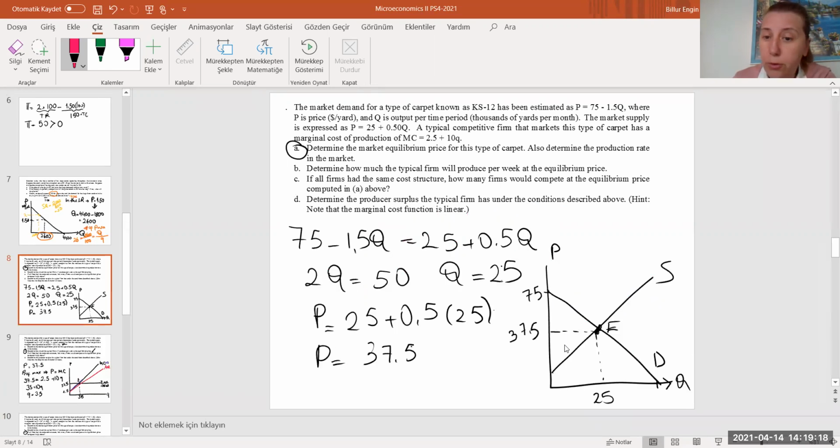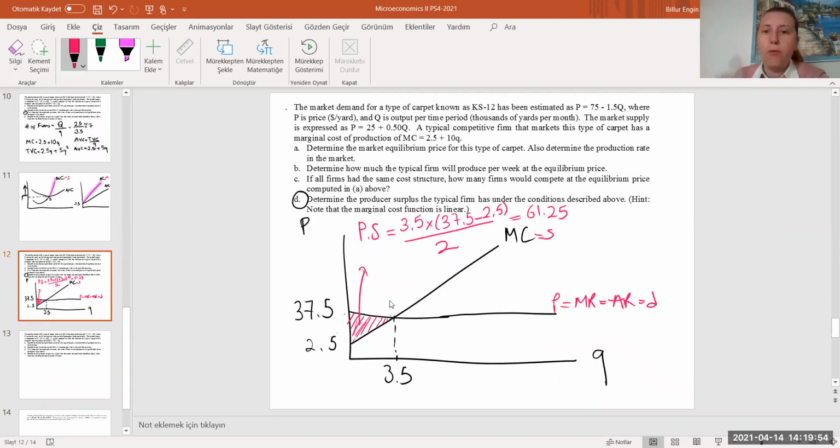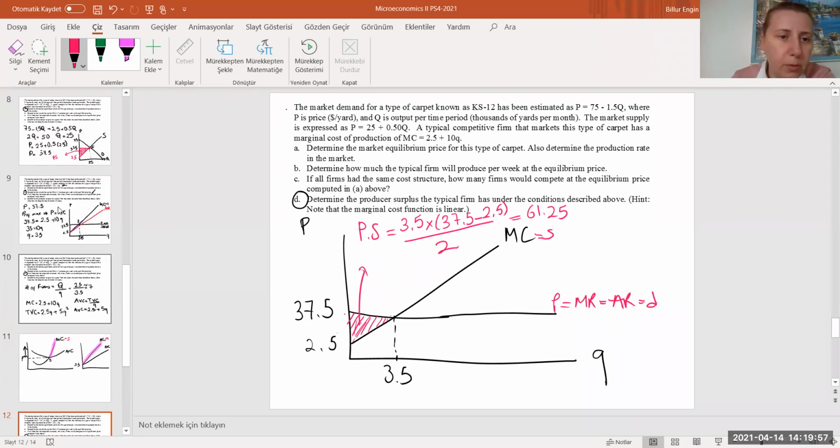We can also find the producer surplus for the market, right? Because we know the supply function, and in that case, here the price is 37.5, and this is the supply function. It starts from 25, I think, right? If Q is 0, P is 25. So that area is the producer surplus in the market. This one is the producer surplus of one firm. So let's find it.